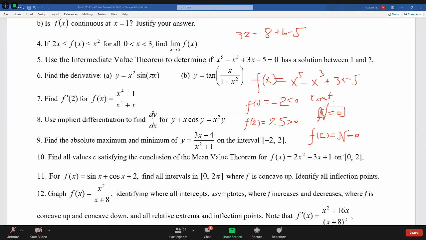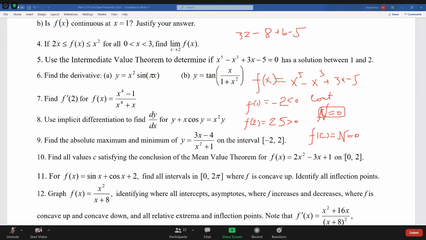F1 is negative, F2 is positive, and M is 0, which is between a negative number and a positive number. So by IVT, you can find c between 1 and 2 such that f(c) equals M, and M is 0. So c is the root, a solution between 1 and 2 for the function f(x).